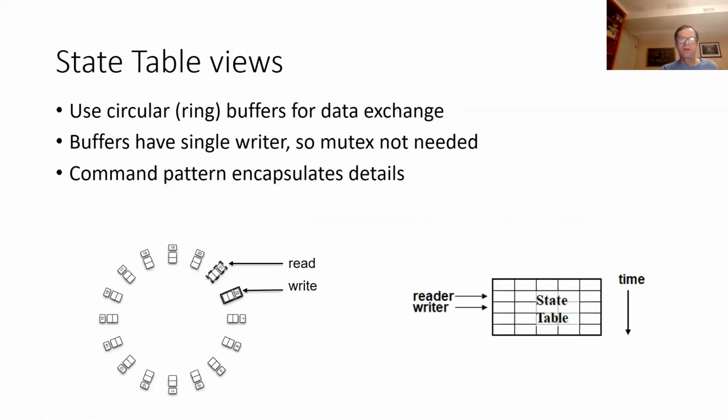So I'll mention the state table. The idea behind the state table is that each component maintains important data in that component. For example, if it's a robot component, important data would be things like the robot joint positions, the joint velocities, maybe the Jacobian, measured torques, things like that.